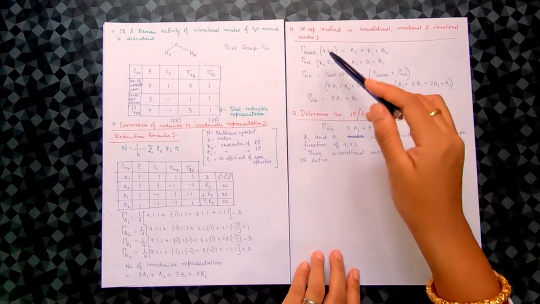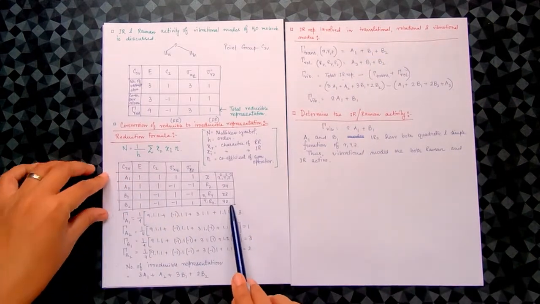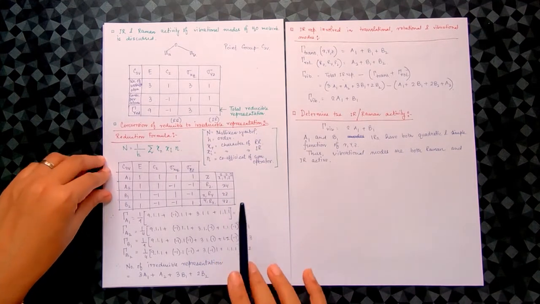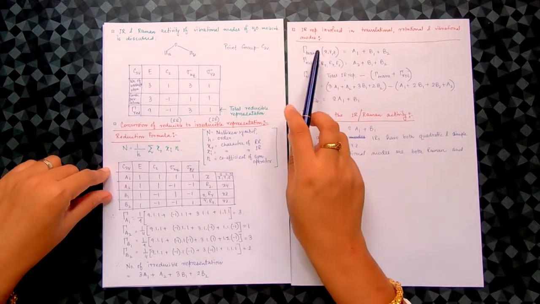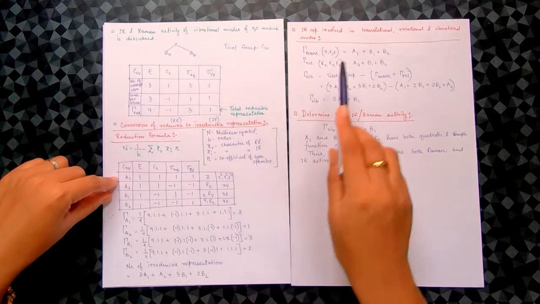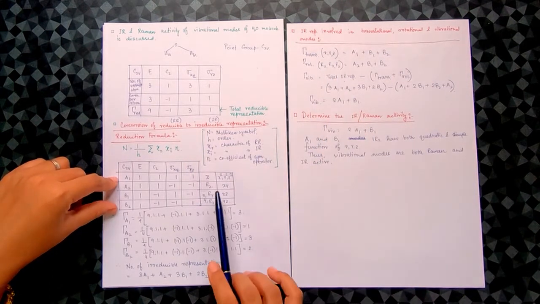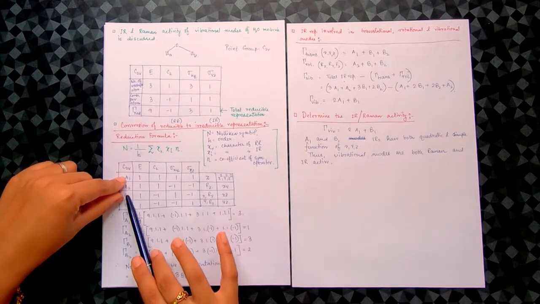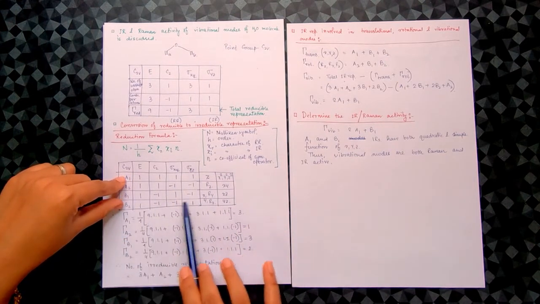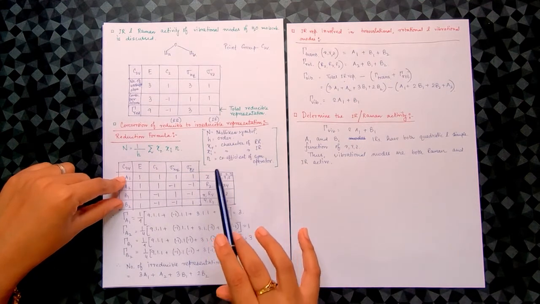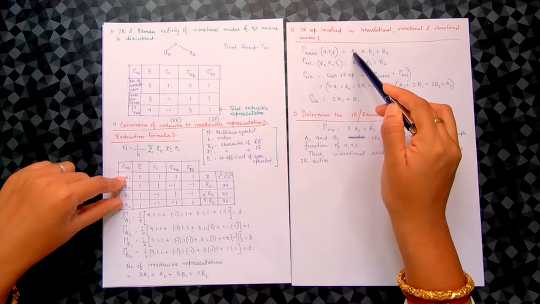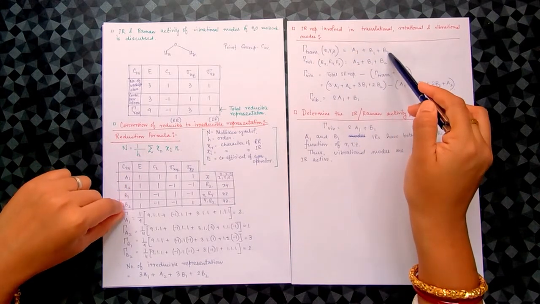So we have to check from this character table where x, y, z, Rx, Ry, Rz are present. For translational mode, we check x, y, z, and we get in A1 position z, B1 x and B2 y. So the irreducible translational mode is A1 plus B1 plus B2.